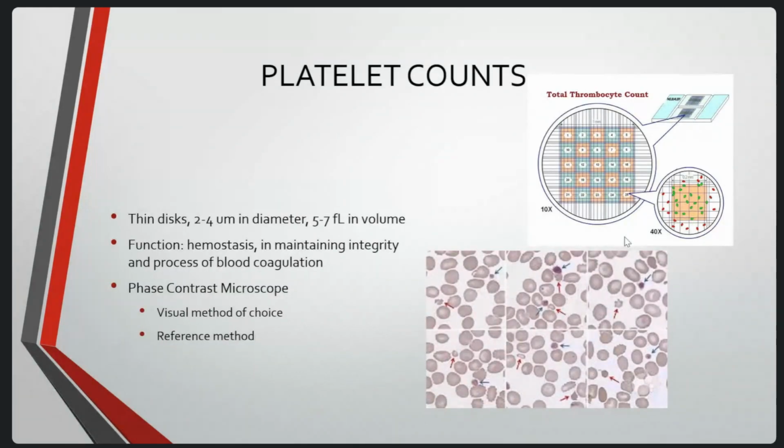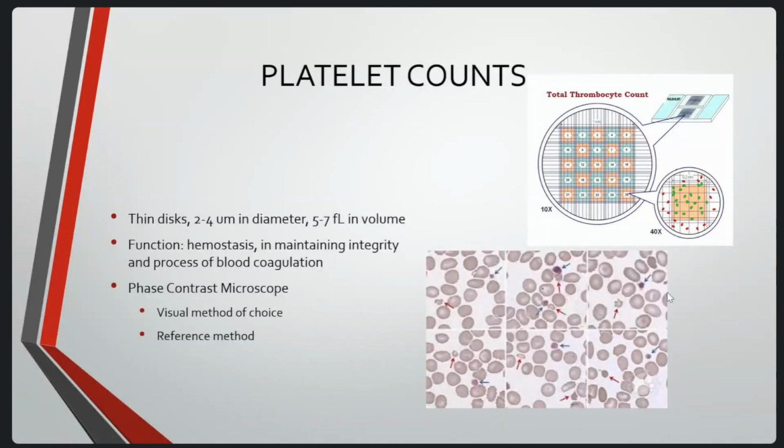Okay. The next one is the platelet count. Platelets are thin discs, about 2 to 4 microns in diameter and 5 to 7 femtoliters in volume. They function in hemostasis, in maintaining the integrity of vessels and the process of blood coagulation. The visual method through a microscope is the method of choice and also the reference method.